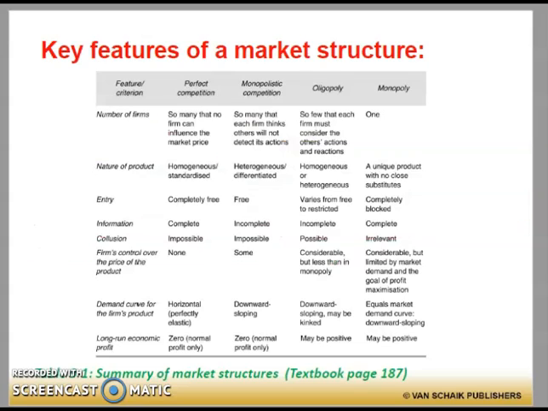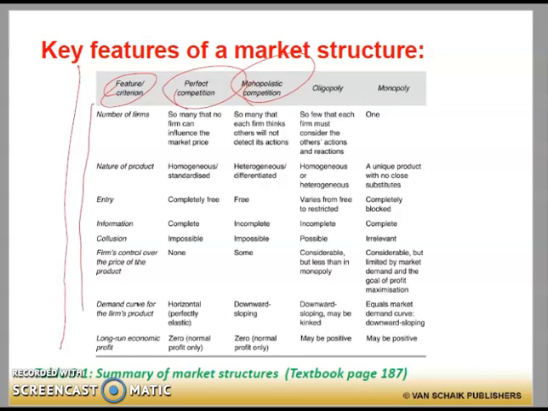The key features of the 4 different types of market structures are summarized in this table here. Eight features or criteria are listed, and the 4 columns show the position of each market type. Most importantly, the features are organized in the first column, and the remaining columns show the position of each market type in respect to each criterion.